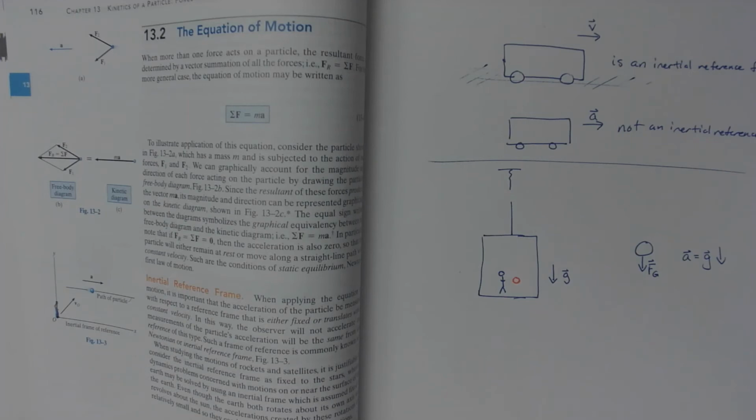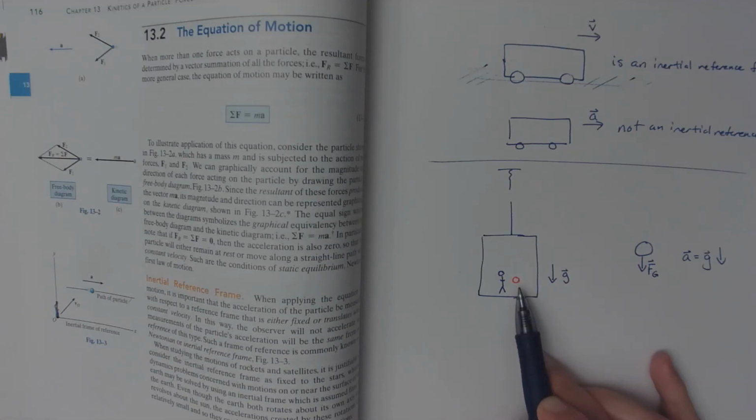Because the elevator and the ball are moving downwards with the same acceleration, the ball is at rest relative to the elevator. At any point in time, they have the same speed. The ball is never going to get any closer to the floor of the elevator, so it will always stay a meter away from the floor.